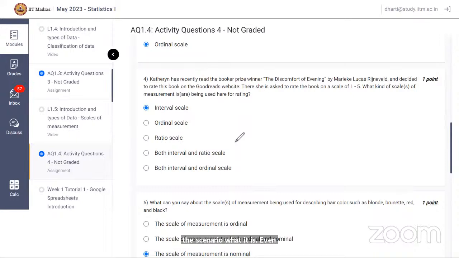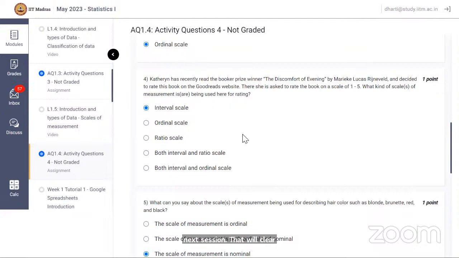Even with the same scenario, like this rating, if she can give 1 to 5, and if I remove 1 and make it 0, then also it will go to interval. It depends on how the scenario is created. For this rating kind of thing, I will have one example in the next session. That will clear these three things.